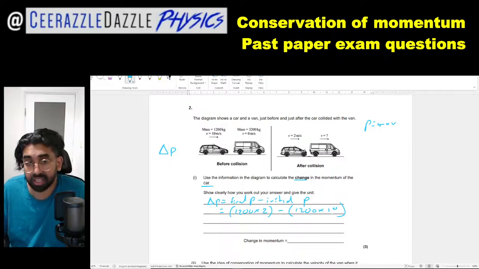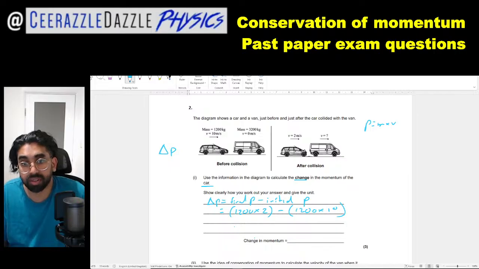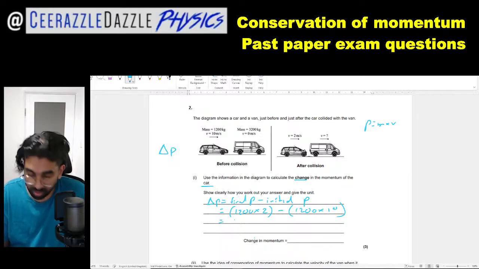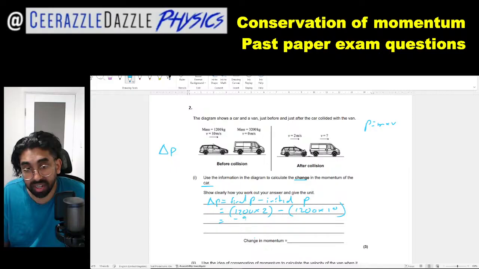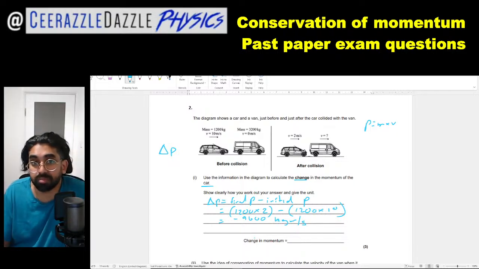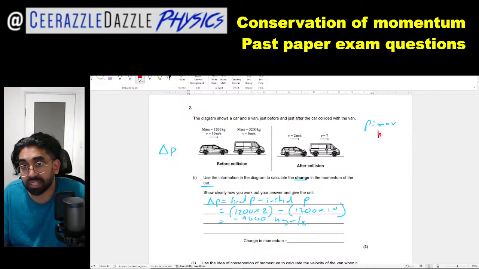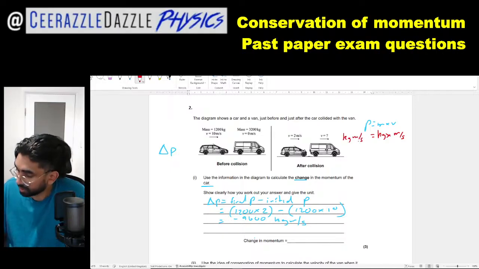In this case, the answer is going to be equal to minus 9600 kilogram meters per second. Careful with the unit in this, because mass is in kilograms, the velocity is meters per second, hence it's going to be kilogram meters per second over here.